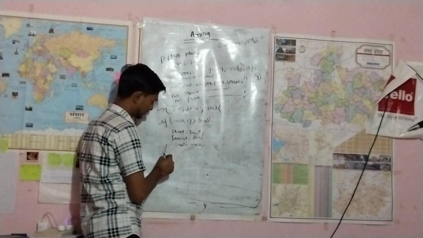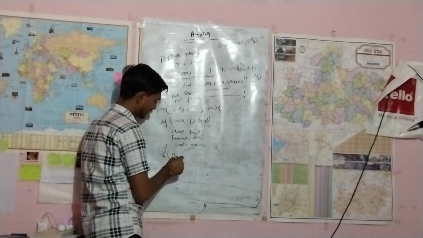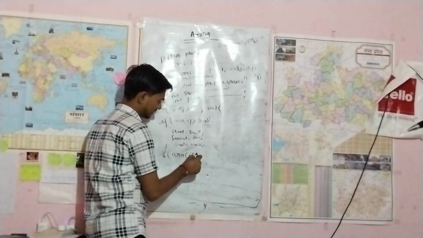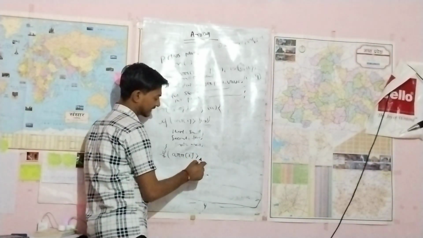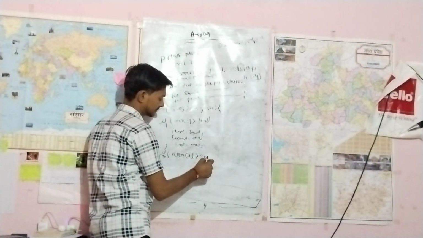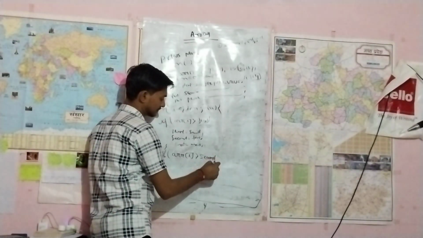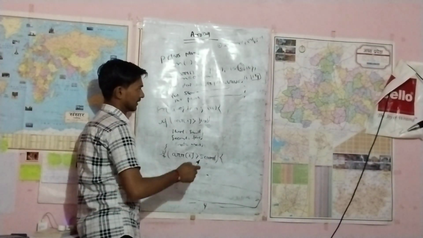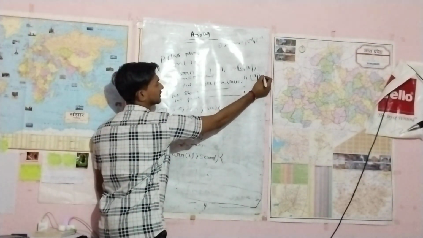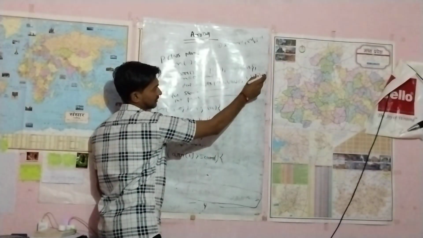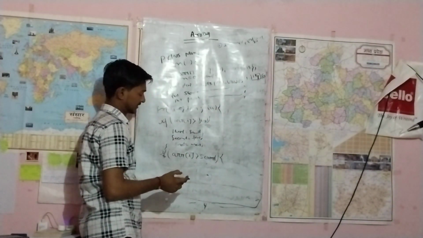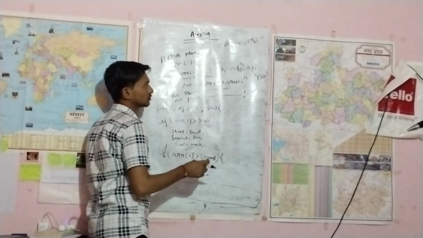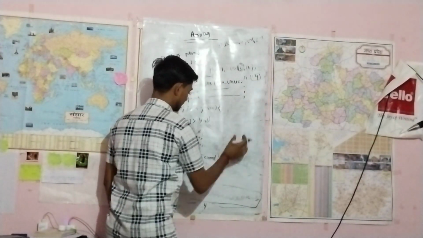Okay, if array of I is greater than second, and suppose that there comes 16, you will say array of I is 16 which is greater than first, but it is already your first number, so it should not be equal to your first number.